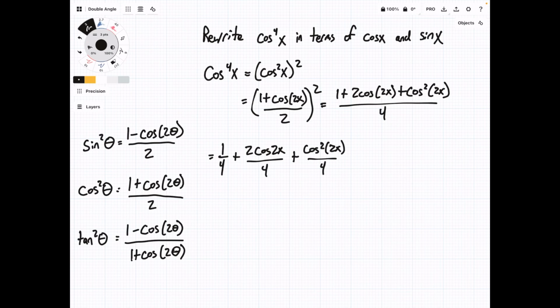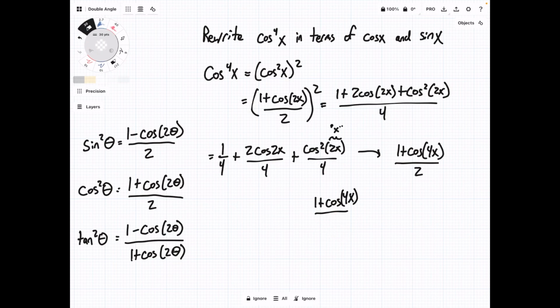It's usually 2x, but this is actually our x value, so it's going to be 2 times 2x, which is 4x, all over 2. So this portion is going to be 1 plus cosine of 4x over 2, over 4, and the 2 over 4 is going to get combined into 8.